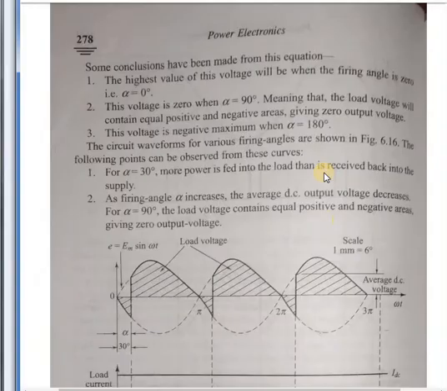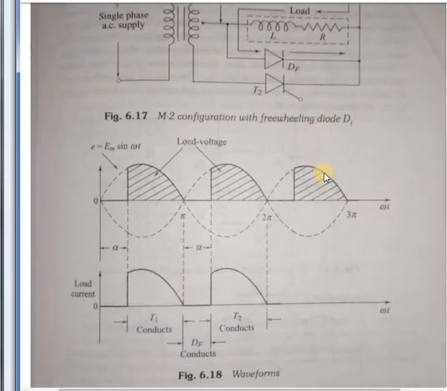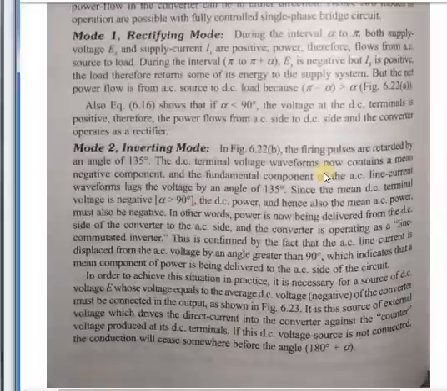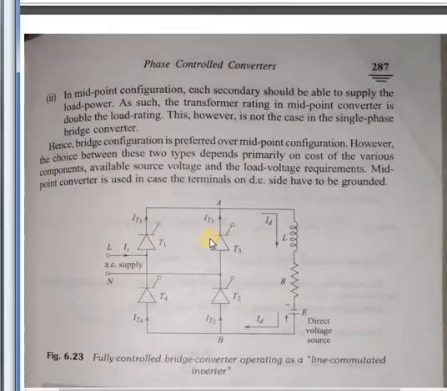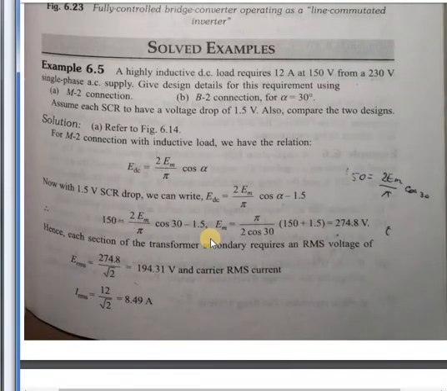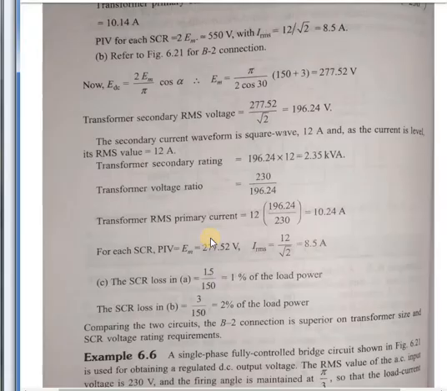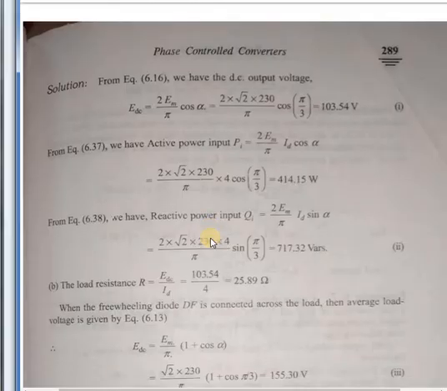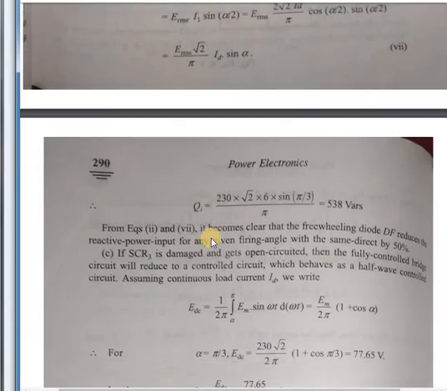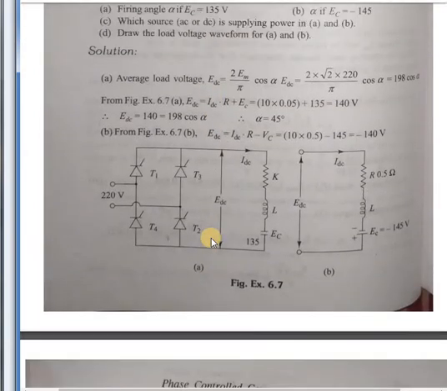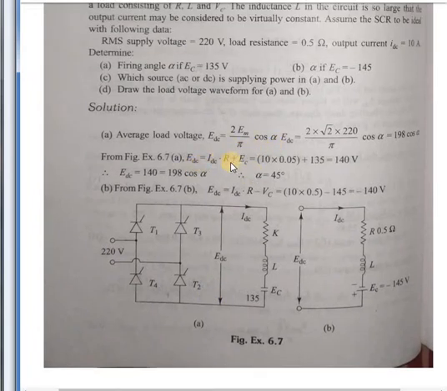Okay, now moving on further, we have half control rectifier. ID is equal to (V dc minus E) by R.